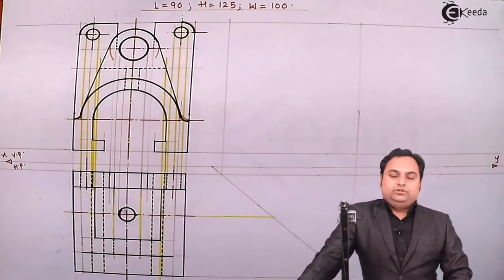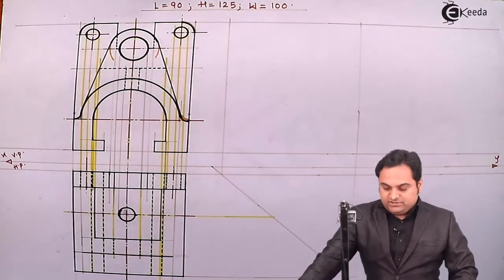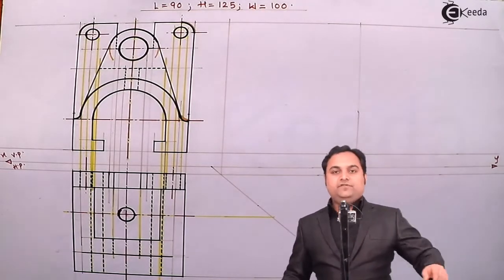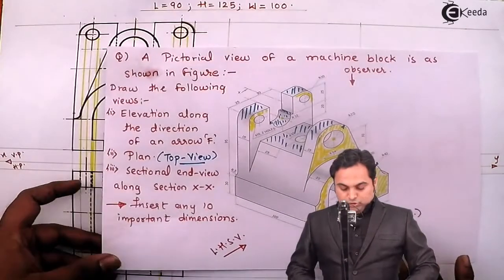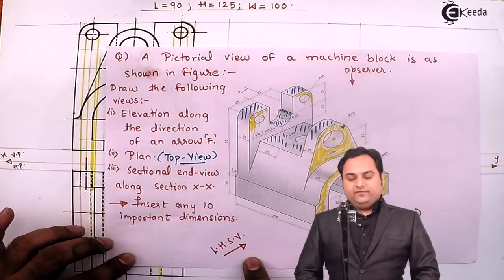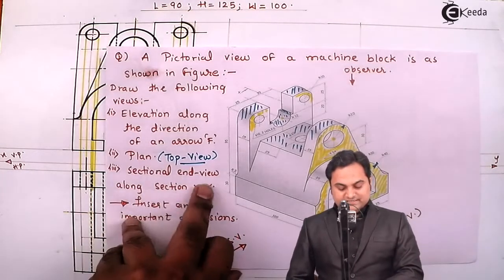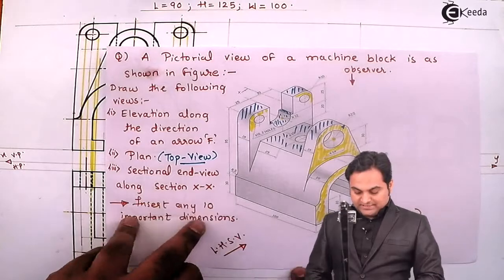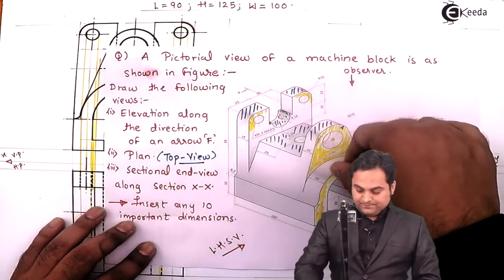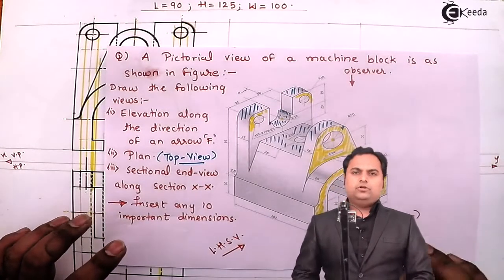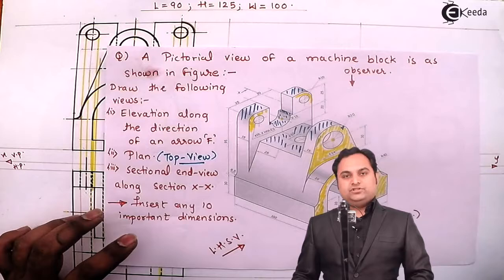So this is the complete top view. Then at last I'm moving on to the side view. So looking from the side, that is the left hand side view. And remember, here we have to draw the sectional end view, which is the sectional side view along section XX, which is this line. So for that, first draw the plain side view and then go for the section.